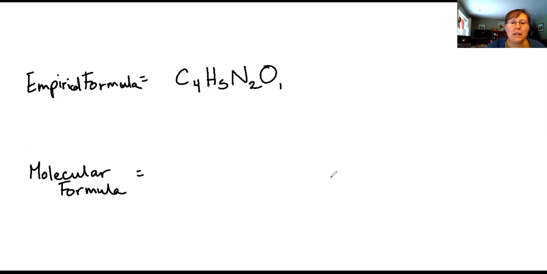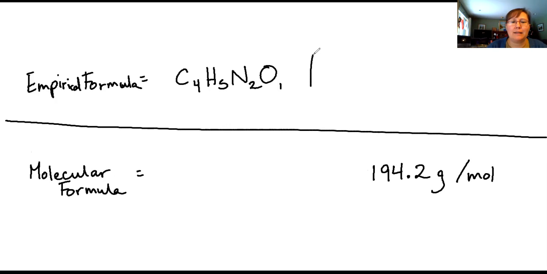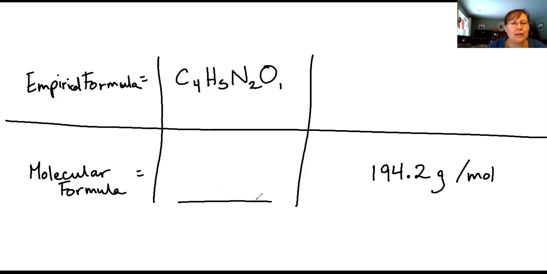Okay, for the molecular formula, let's say that they told you that we have 194.2 grams per mole. You might be like, why is she writing it so weird? And that's so that I can make a table. There we go.